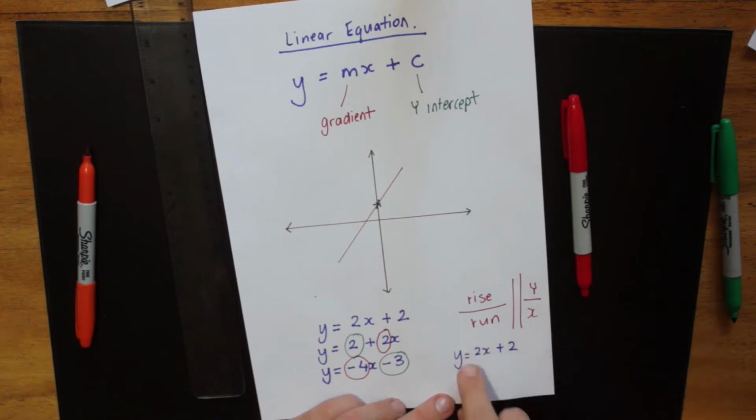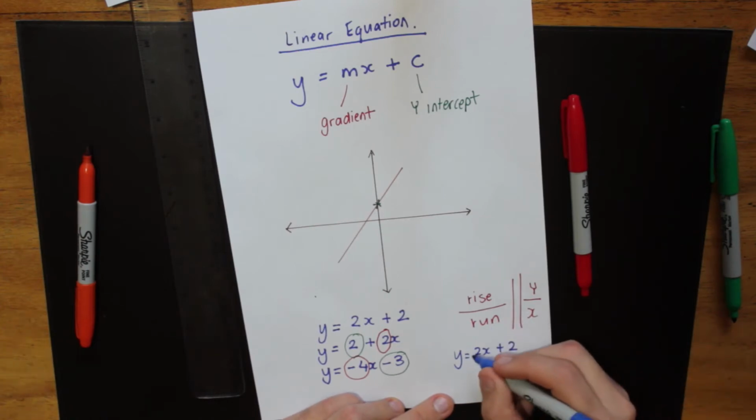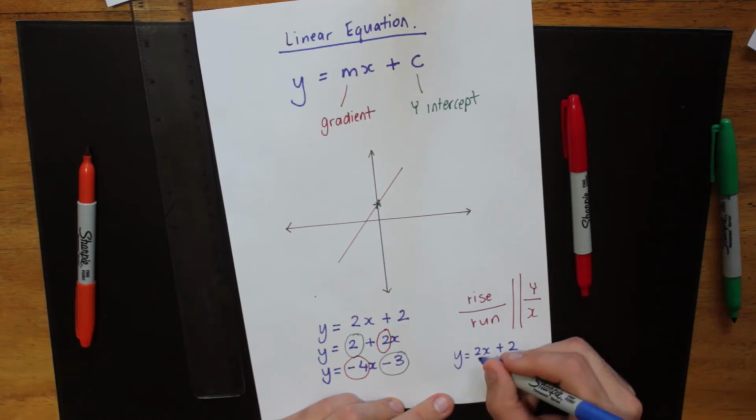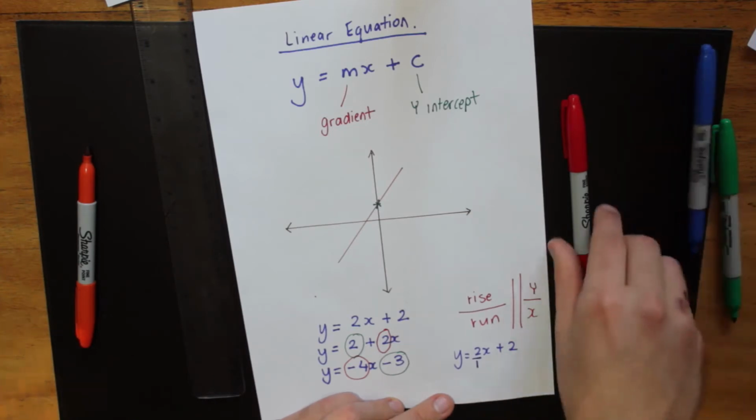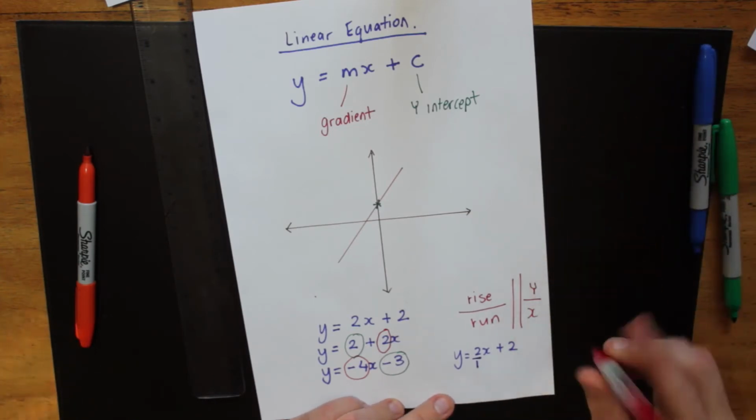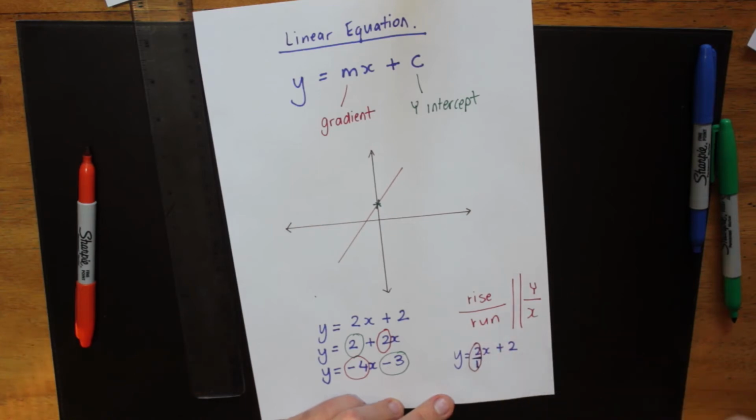So what does that look like in here? Well, we know that this is our gradient, so all we need to do is remember that 2 is a whole number and anything divided by 1 is itself. So our gradient represented in rise over run would actually be just 2 over 1. And that is our gradient.